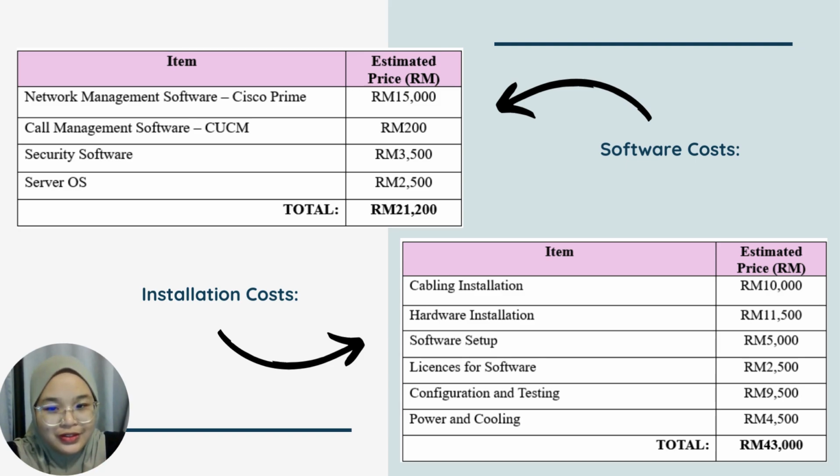For the software cost, the items are Cisco Prime, CUCM, security software, and server OS, at 21,200 Malaysian ringgit. And for the installation cost, covering cabling installation, hardware installation, software setup, software licenses, configuration and testing, and power and cooling, it is 43,000 Malaysian ringgit.